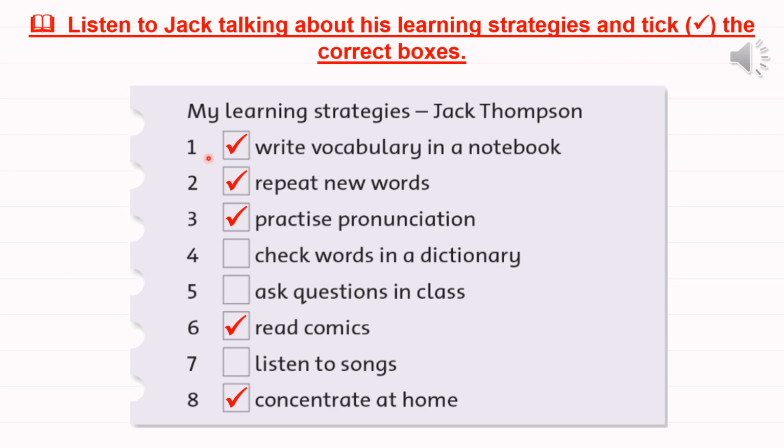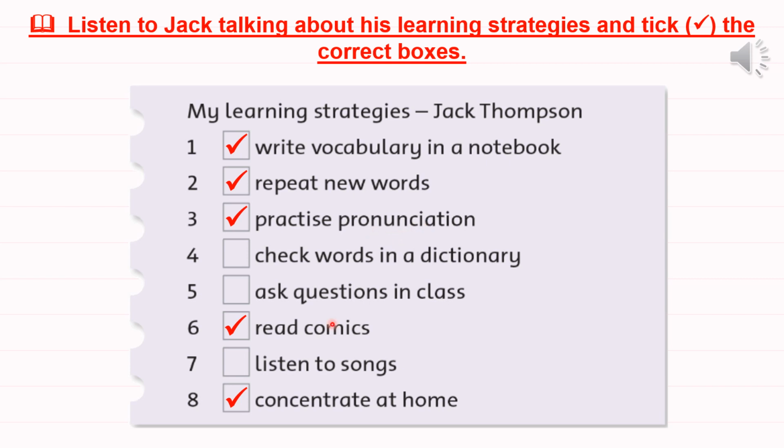Okay, so the answer is number 1, write vocabulary in a notebook. Number 2, repeat the new words. Number 3, practice pronunciation. Number 6, read comics. Number 8, concentrate at home. Jack doesn't check the words in the dictionary because he doesn't have a dictionary.